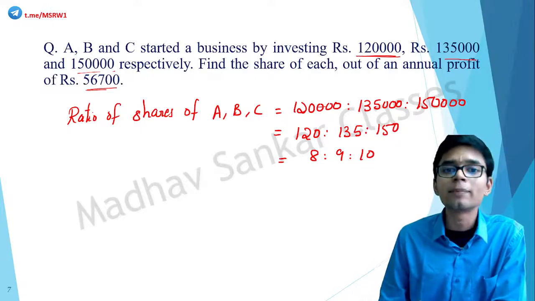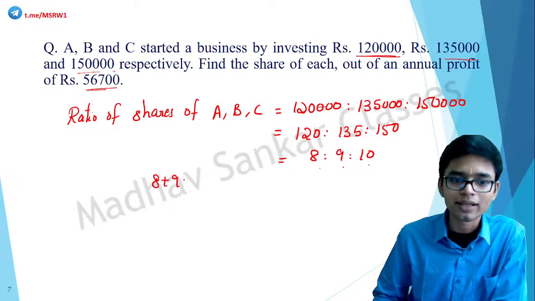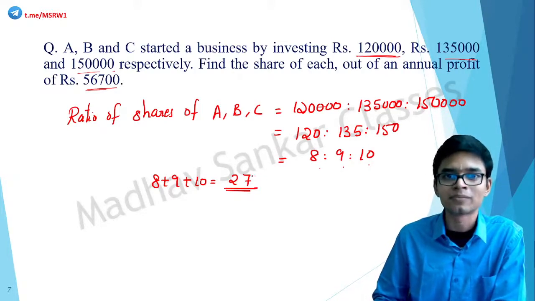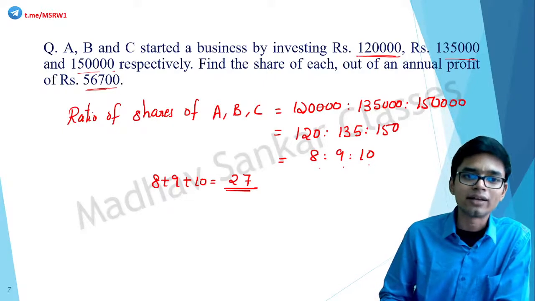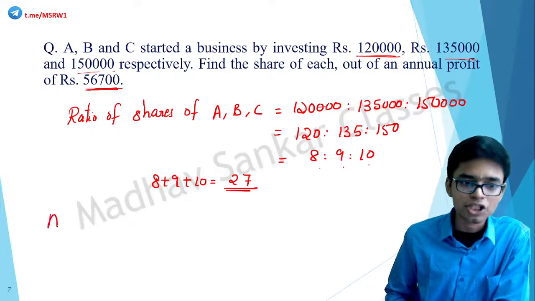So from the profit also, they should get their respective shares. So what is the total number of shares here? Total parts, 8 plus 9 plus 10, is equal to 27. So this is the total number of parts, total number of shares. Clear? Now let's divide this with that.